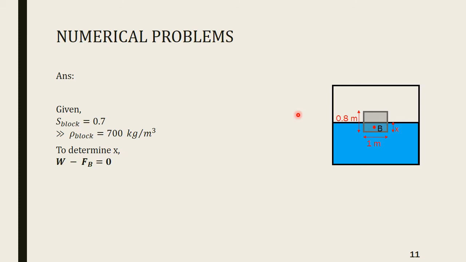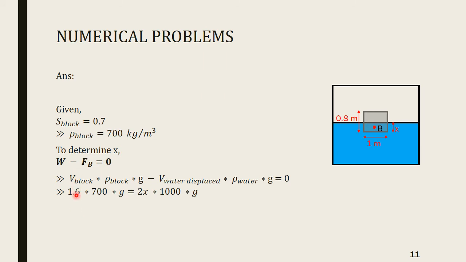W minus Fb is equal to 0, and we'll substitute for the formulas of W and Fb. So W is volume of the block into density of the block into g. Buoyant force is the weight of the water displaced. So volume of the water displaced into density of water into g. So volume of the water displaced can be written in terms of x. Density of water is known. g is known. In fact, g gets cancelled off because it's common.